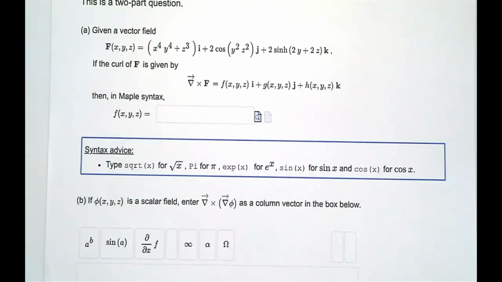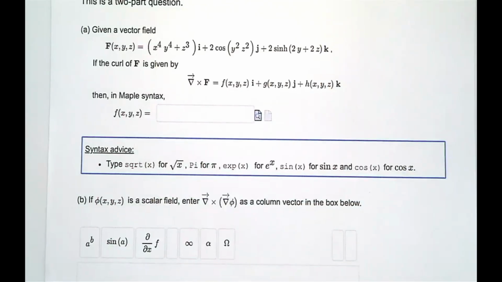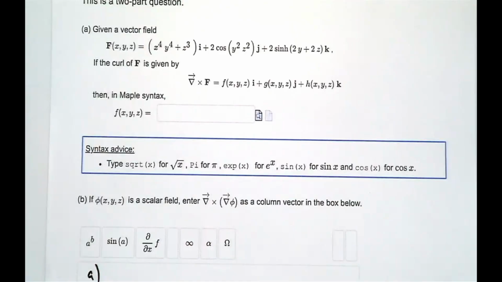So that kind of gives you a hint that there must only be really one answer for all suitable phi. Okay? So the answer is going to be a vector, but it's going to be the zero vector actually. But let's do the first one and see how we go. All right, so I'll come back to B in a second.